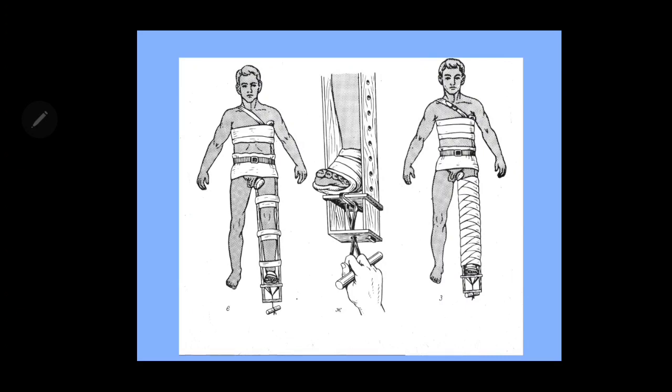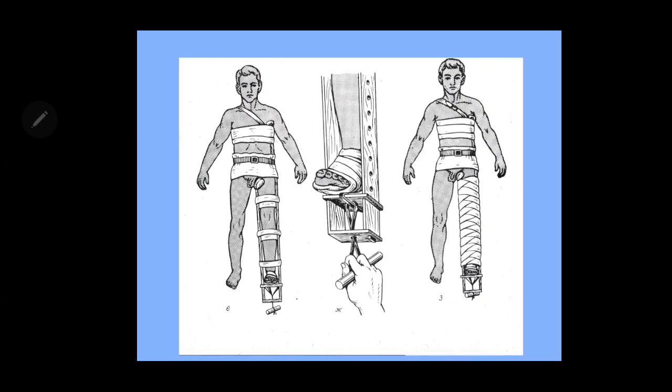So you know that the rule is, when we want to immobilize a fracture, we should immobilize proximal joint and distal joint. So for hip fracture, it's not easy to immobilize proximal joint because we don't have it. Due to this, we have a splint which goes to the axillary region on the lateral side. On the medial side, it goes to the groin region.